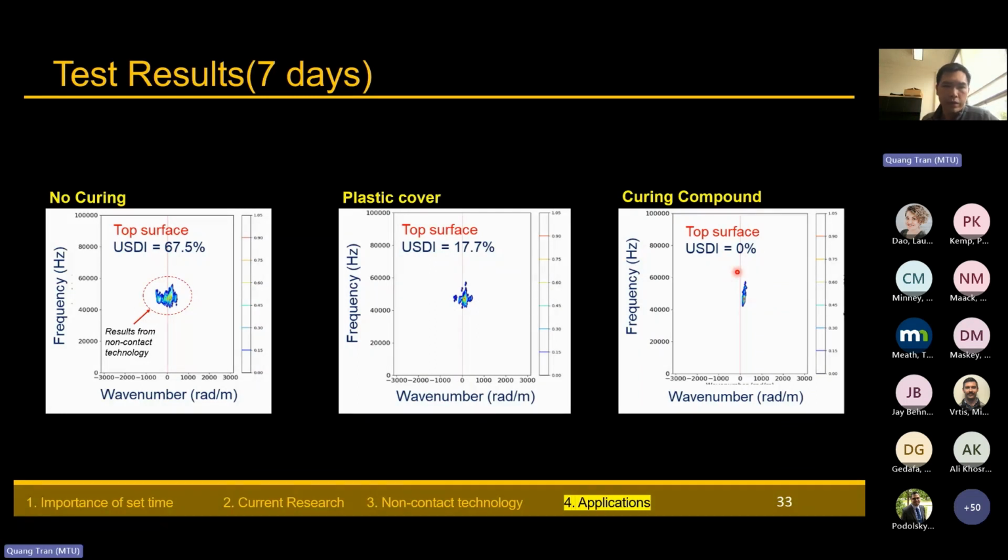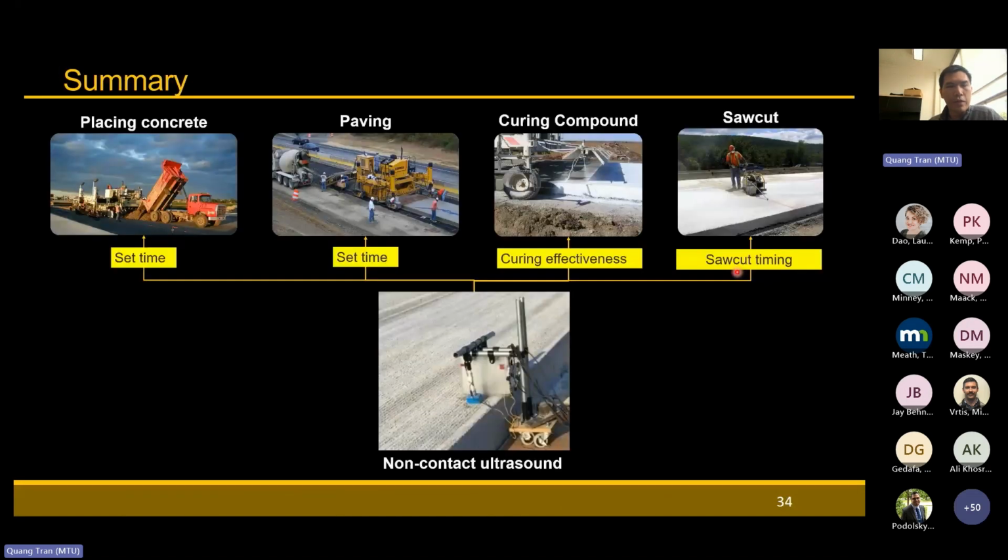So with that, I want to summarize my studies. As you can see, using the non-contact technology, we can not only measure the set time of the concrete materials, but also evaluate the effectiveness of the curing compounds, and we can use these technologies to predict the saw cutting timing. After the saw cutting, we can also quantify the raveling damage intensity using the camera.